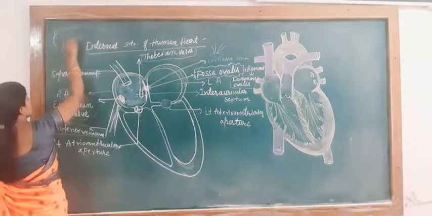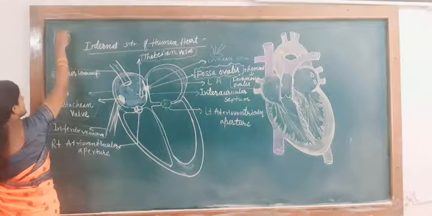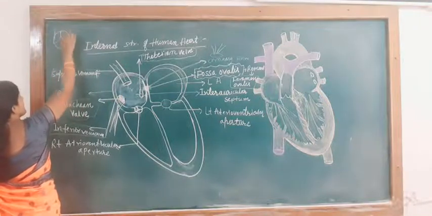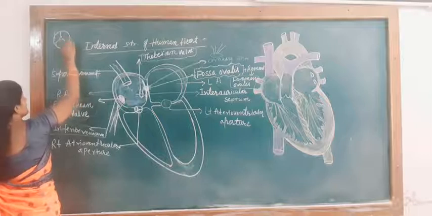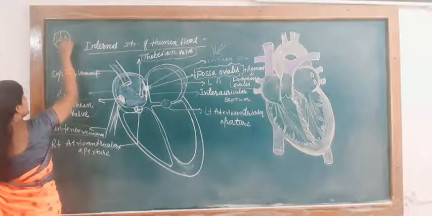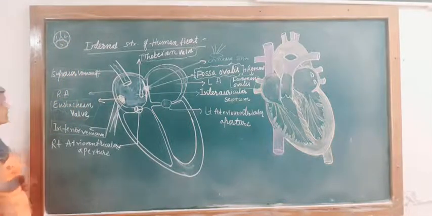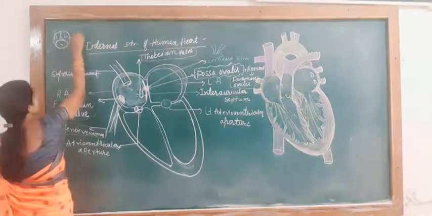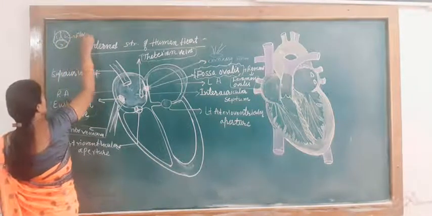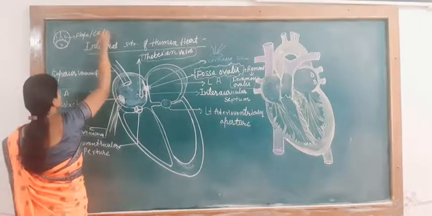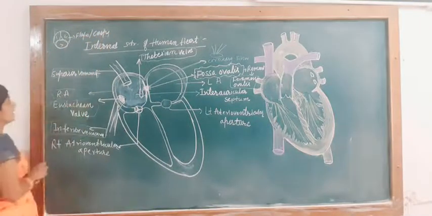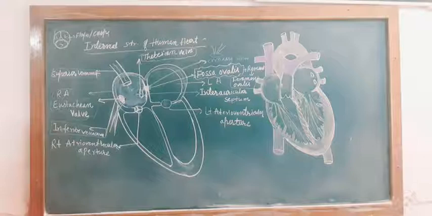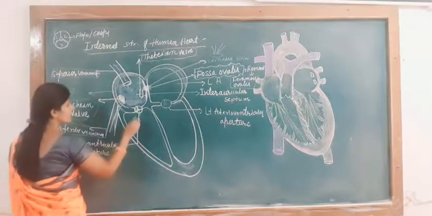Suppose this is the valve. This is one flap, this is another flap, and this is another flap. One, two, three. Three cusps are there, flaps or cusps. So the name given to this valve is the tricuspid valve.